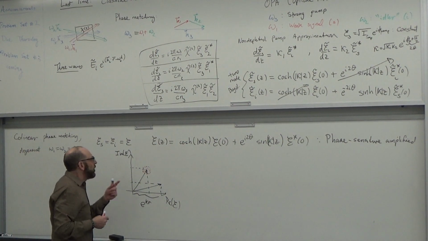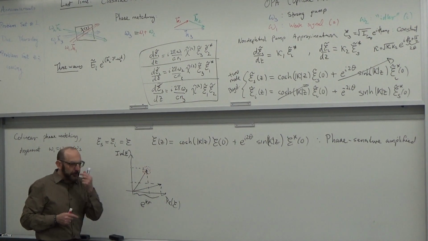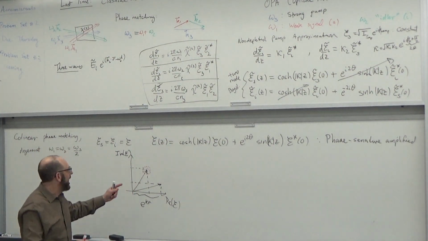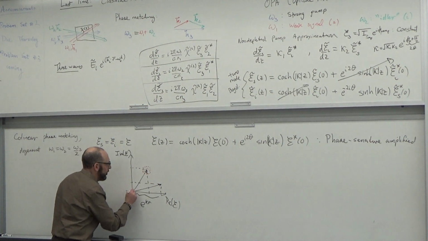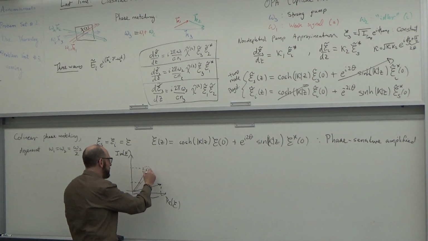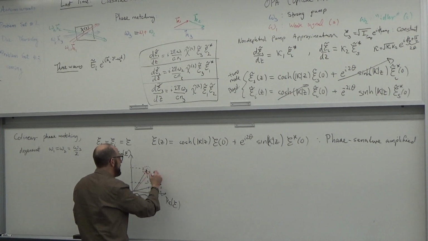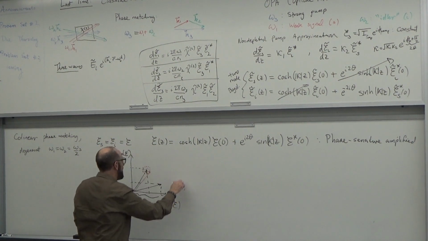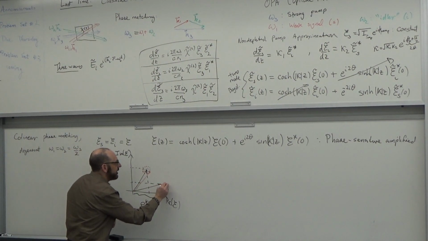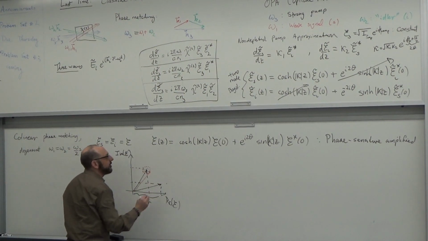What will happen? Each one of these points will undergo its own exponential stretching. I can look at this particular point over here, and it will get stretched by some amount along here and squeezed the other way, and end up over here.